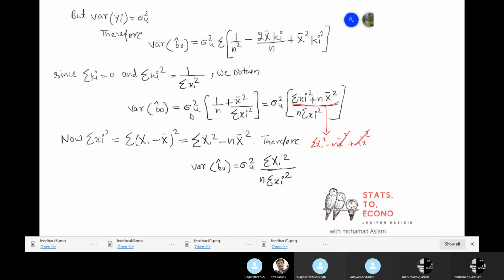This particular value comes from the variance of yi, and the remaining part is 1 by n square minus this particular term. How will this term remain as just this term? If anyone has doubt, you can ask here how this value will now remain as only this value.